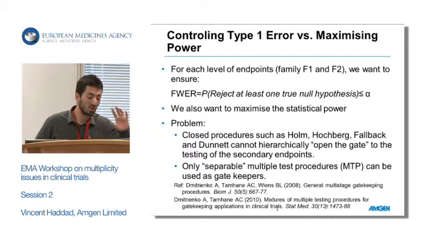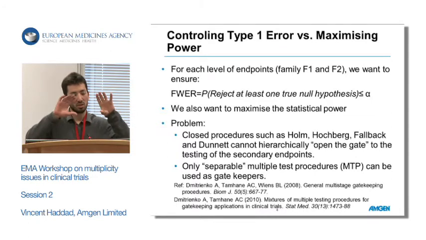Of course, I cannot explain that in 10 minutes, but you have two references from Dmitrienko and Tamhane, very nice to read. In the one from 2008, they demonstrate that in the context of parallel gatekeeping, so you just need to reject one hypothesis in the first family, and then you go down to the second family.